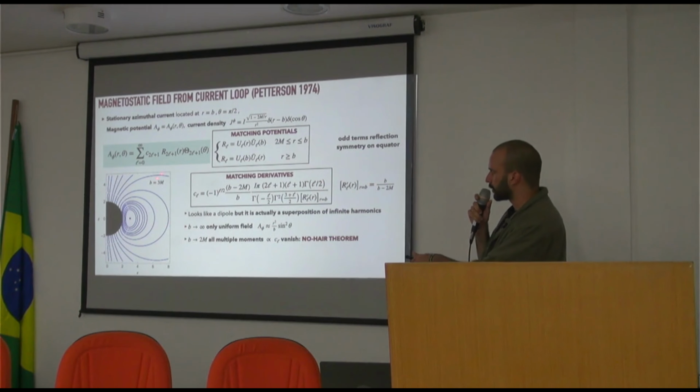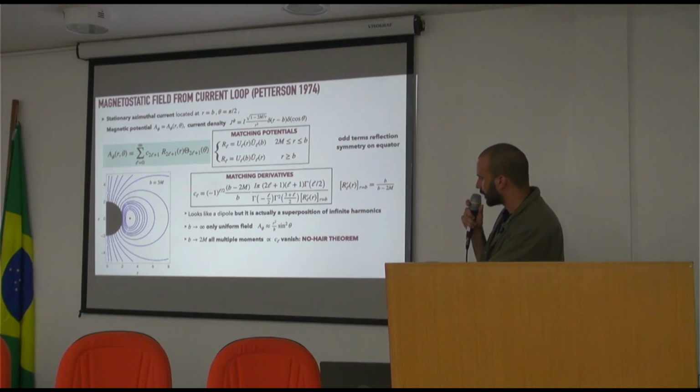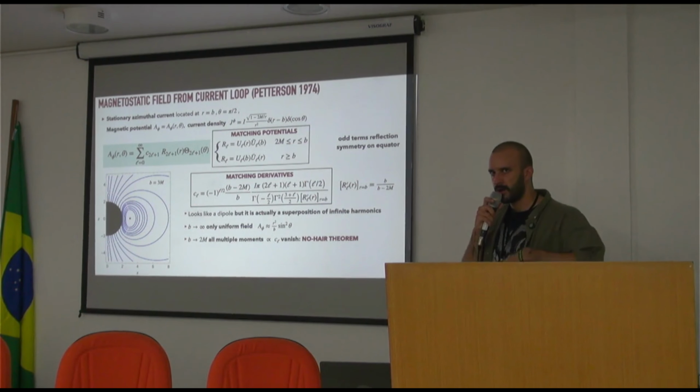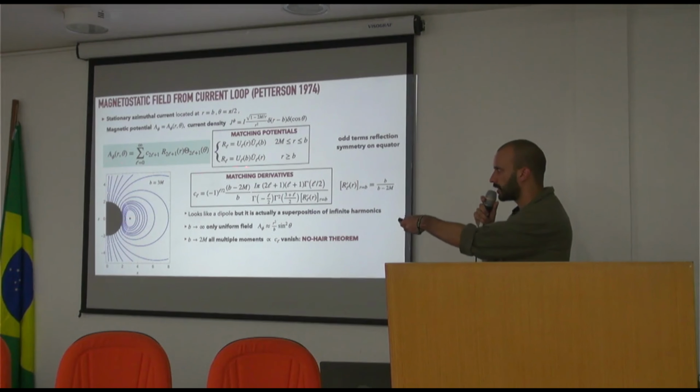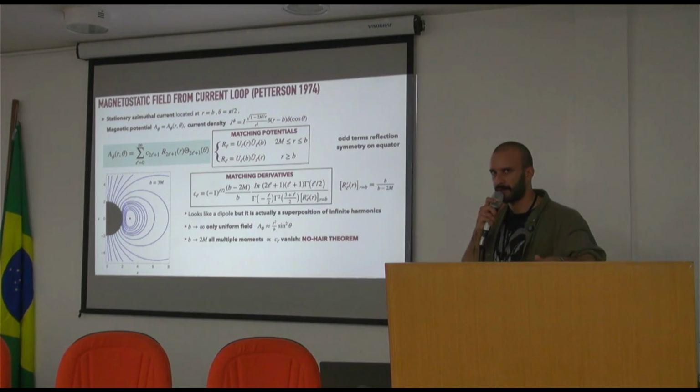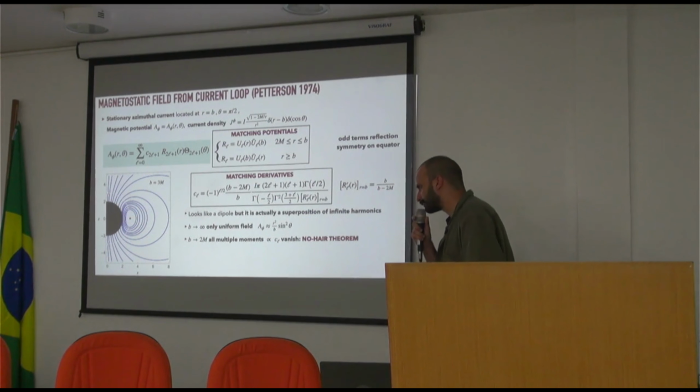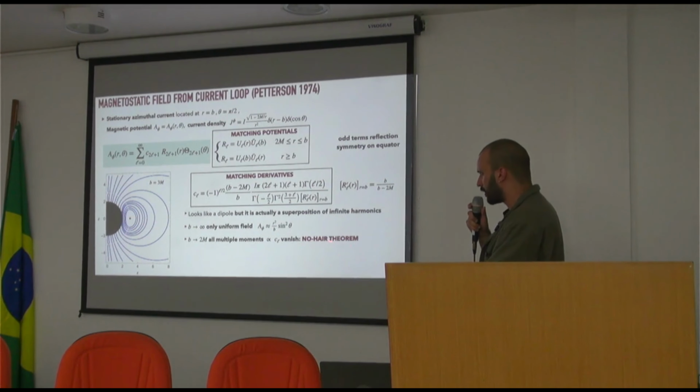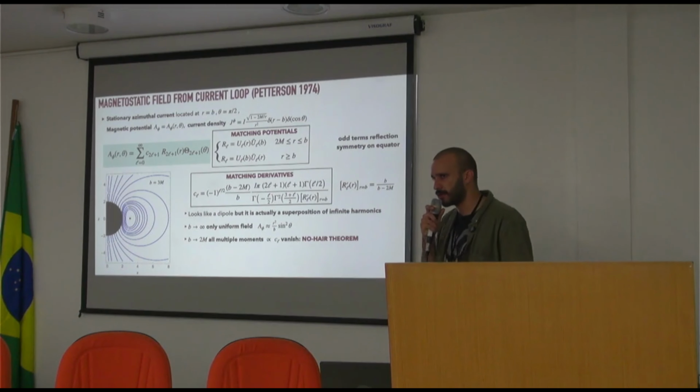And indeed, you can see from this matching coefficient that if we push B towards 2m, basically we kill the solution. So we don't have a magnetic field. And this is, in a sense, a way in which this system is consistent with the no-hair theorem.